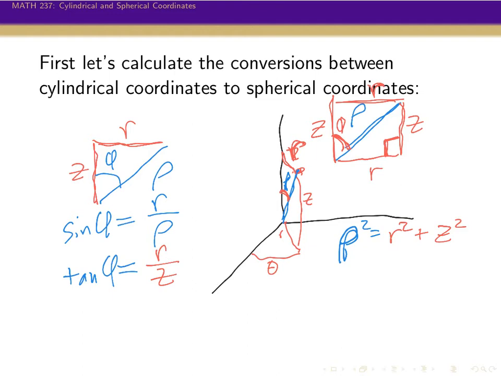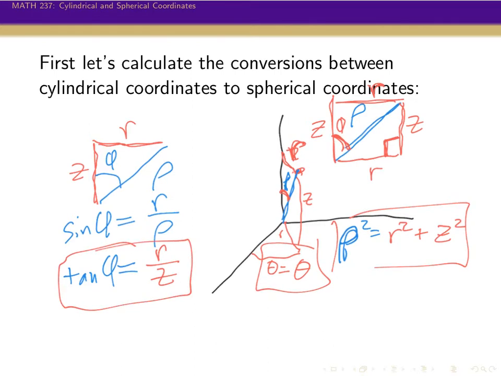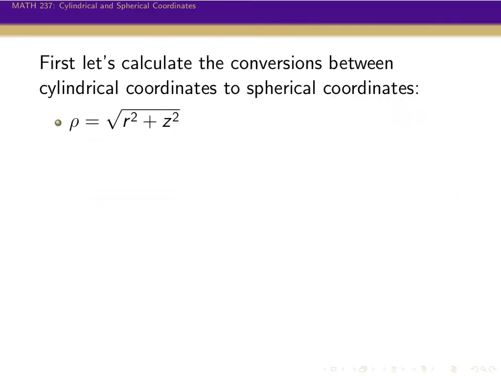Okay, and lastly theta, that's equal to theta, and so these three right here are really what's giving us our conversions. So rho is the square root of r squared plus z squared, theta stays as theta, and phi is going to be the arctangent of r over z.